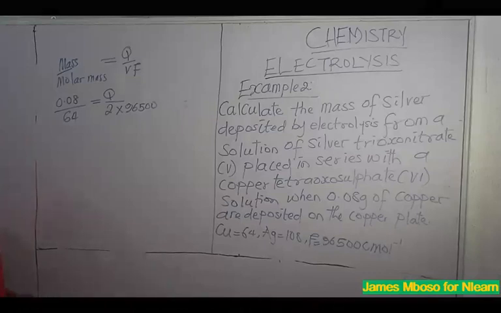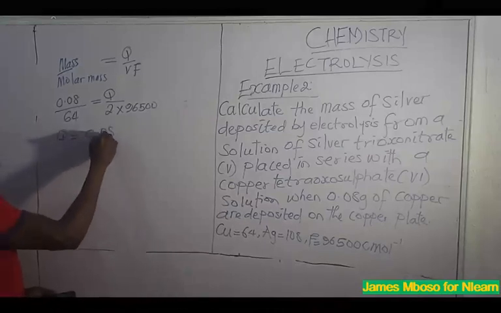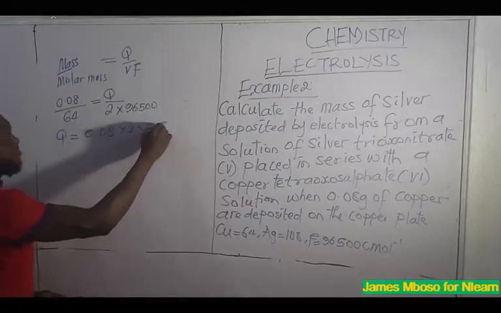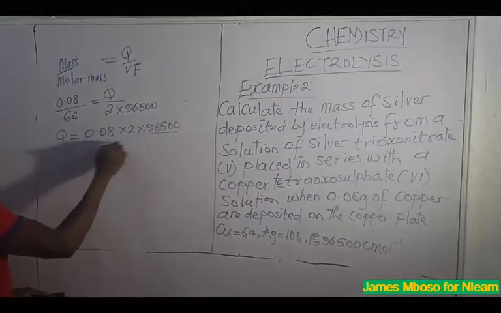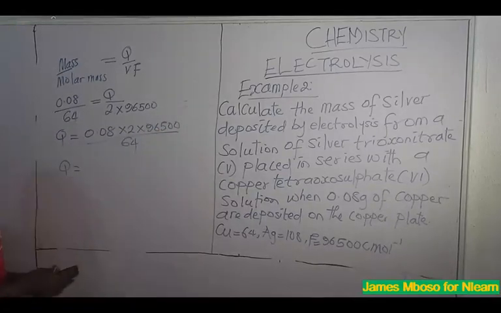We can make Q our subject of the formula. We have 0.08 multiplied by 2 times 96500 all over 64.